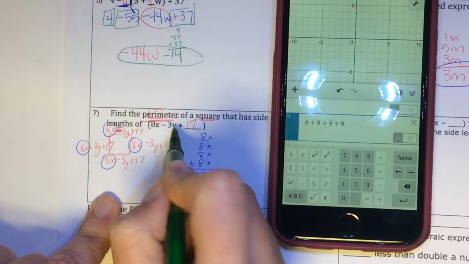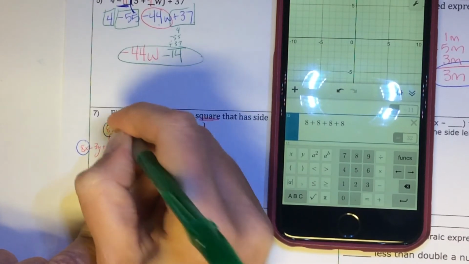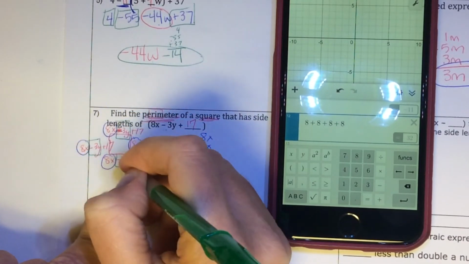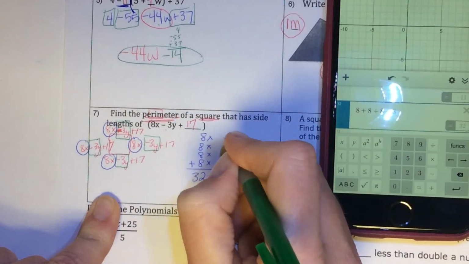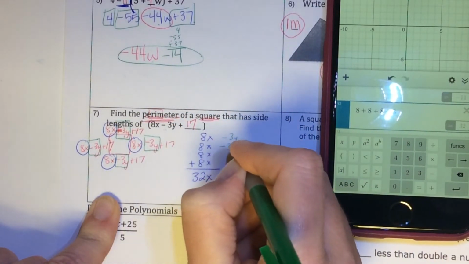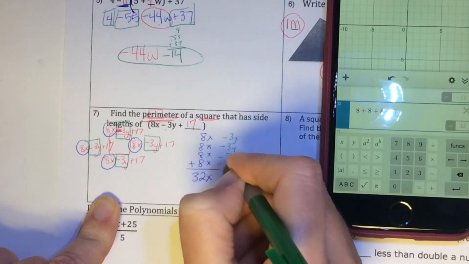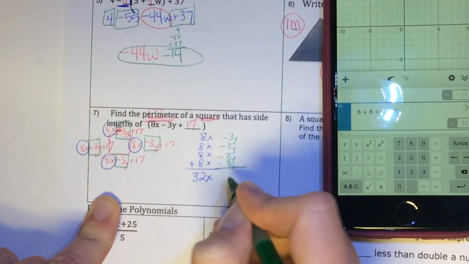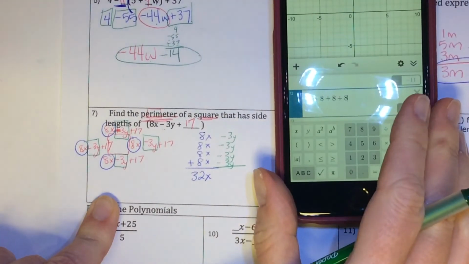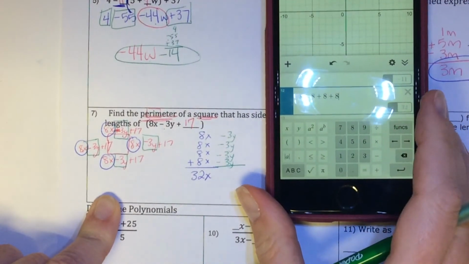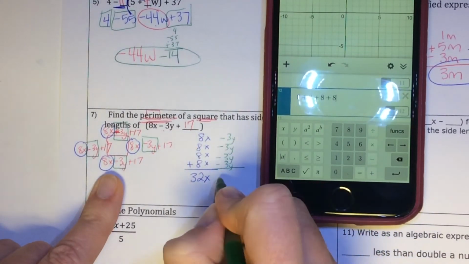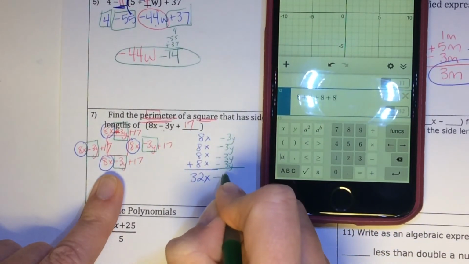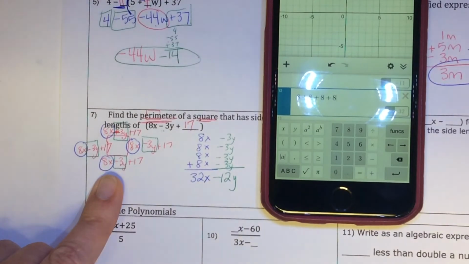We have negative 3y's on every side. So we can put negative 3y's 4 times, or we can actually type it in. When you put all those together, again, you can type it in if you would like, or you can just multiply negative 3 times 4 to get a negative 12, and don't forget to keep your y on it.